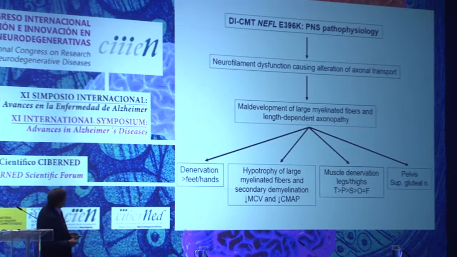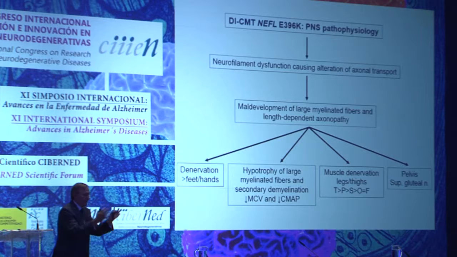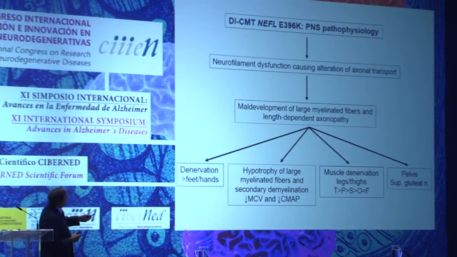And let me finish with the pathophysiology of the peripheral nervous system. This mutation implies a change from glutamic acid to lysine, which is a severe change according to the information of biologists. This mutation implies neurofilament dysfunction causing alteration of axonal transport. This has been demonstrated in animal models. There are no autopsy studies in human beings.